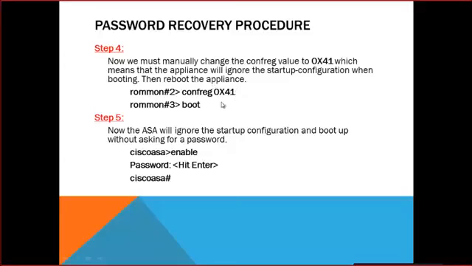This is the one which will allow you to log into the ASA without a username or password. So type in config reg and then the registry value, and say boot. When you say boot, it will allow you to log into the ASA.